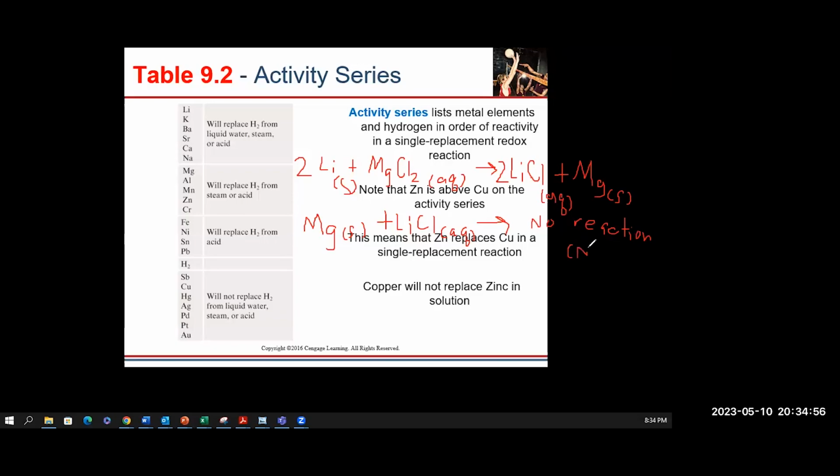Often you'll just see it written as NR. That's because magnesium metal is below the lithium, so it can't replace anything that the lithium is in.